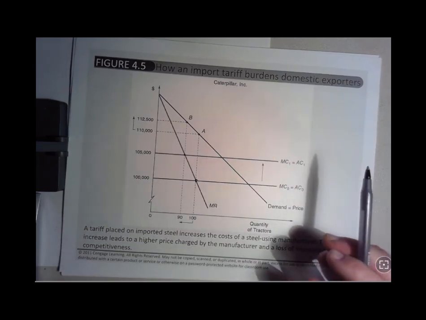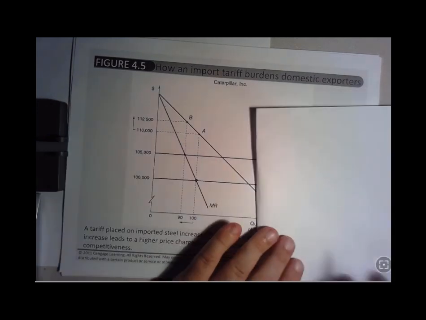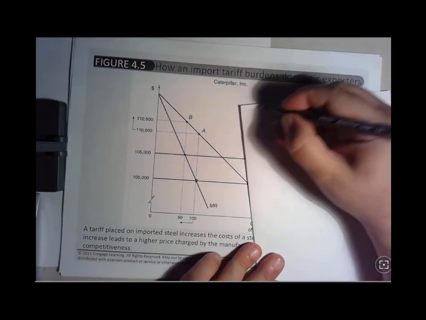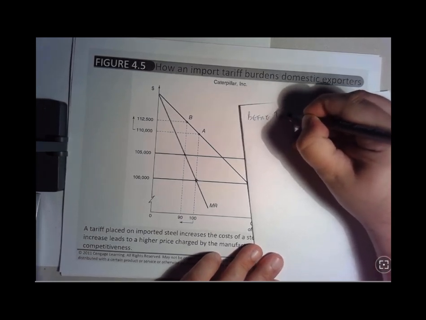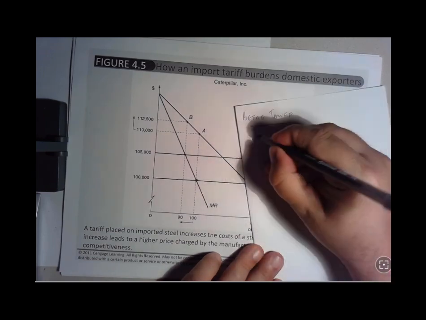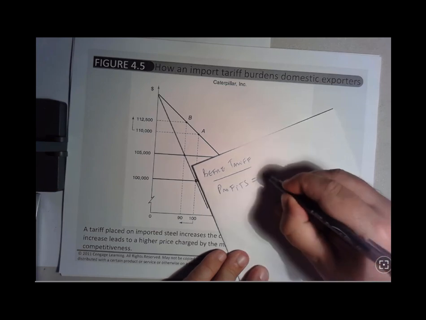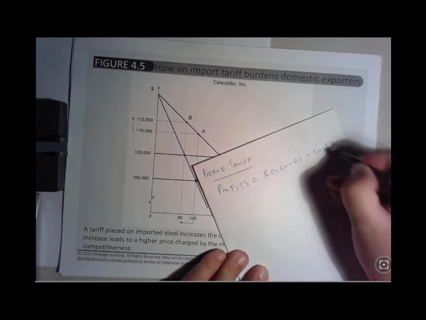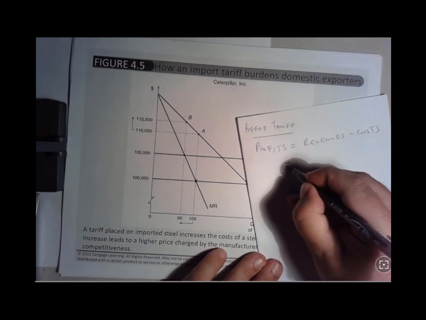So let's compute the profits of this producer before and after its inputs, foreign made inputs, are taxed. So before tariff, recall that profits are basically equal to revenues minus costs. We are ignoring taxes here for simplicity. So what are the revenues?